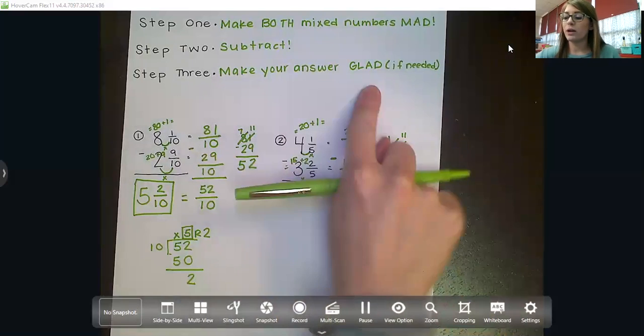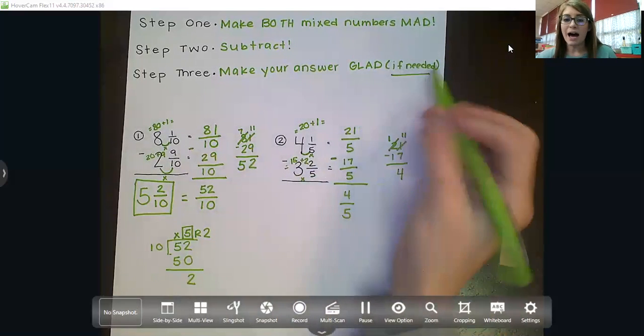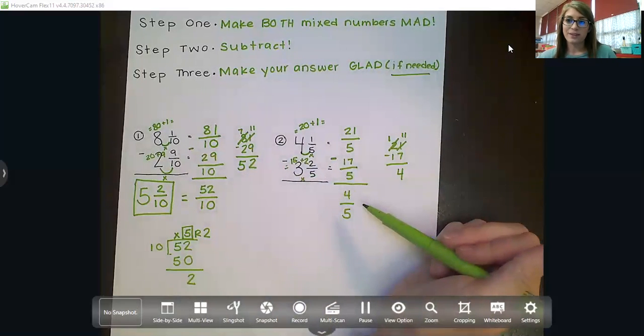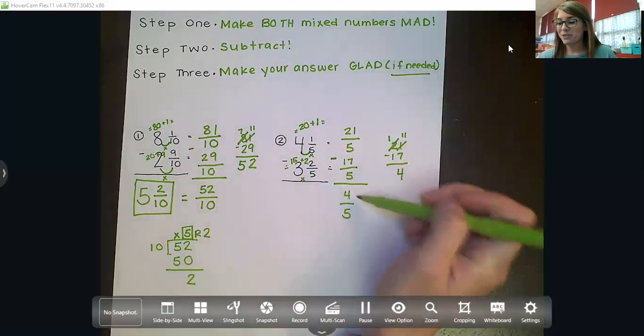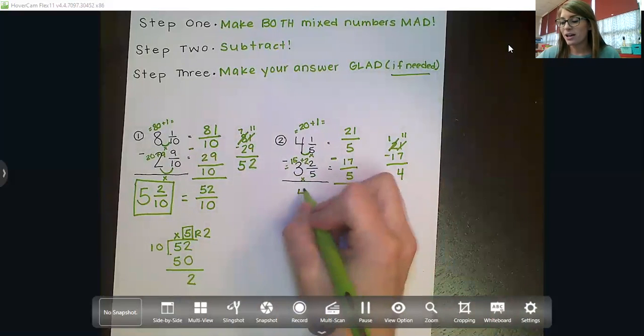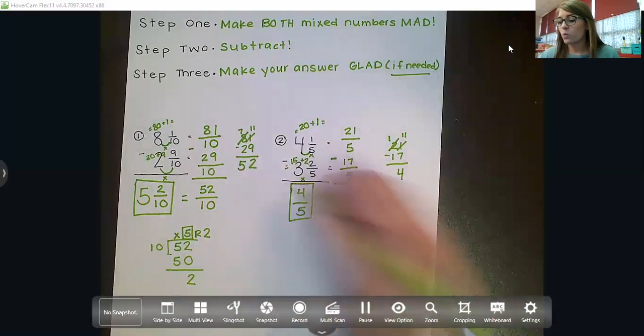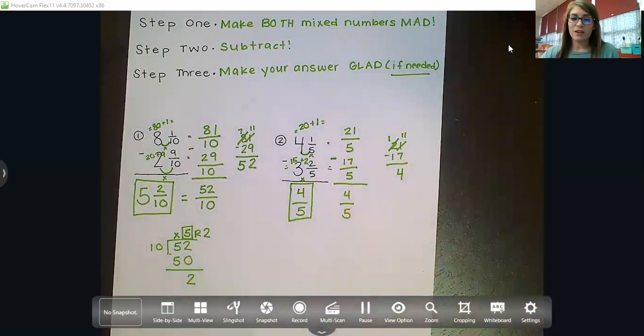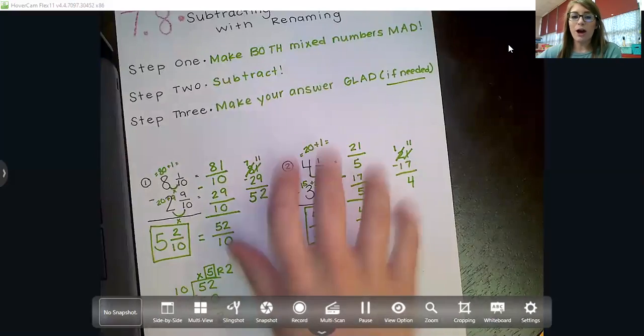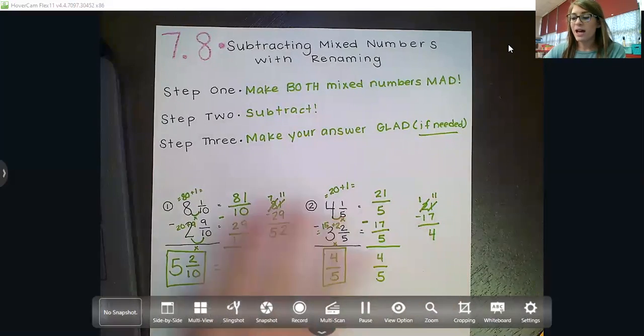Okay, is step 3 going to apply in this situation? No, it is not, because our numerator is smaller than our denominator, which means that 4 1/5 minus 3 2/5 is just 4/5.